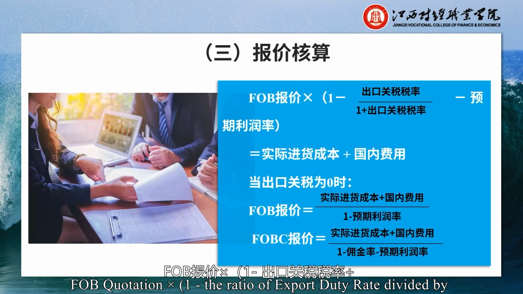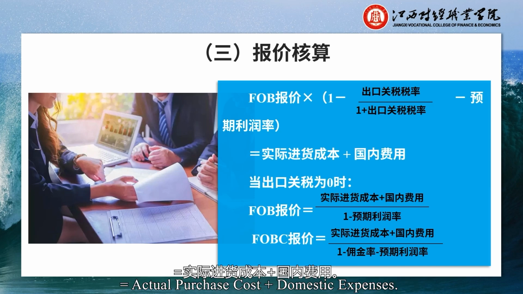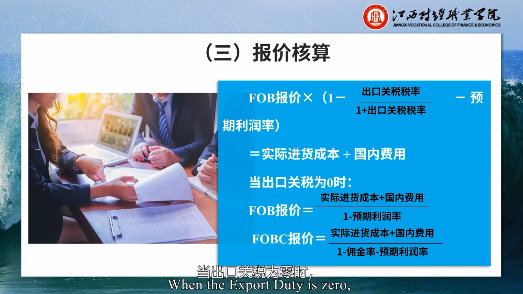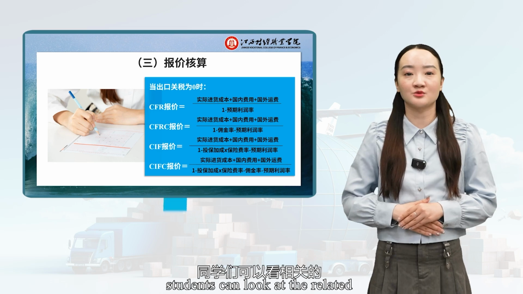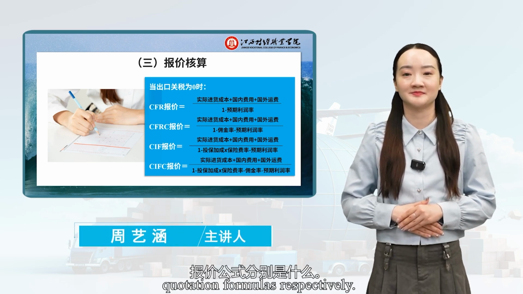FOB quotation multiplied by 1 minus the ratio of export duty rate divided by 1 plus export duty rate, then minus the expected profit rate, equals actual purchase cost plus domestic expenses. When the export duty is zero, students can look at the related quotation formulas respectively.